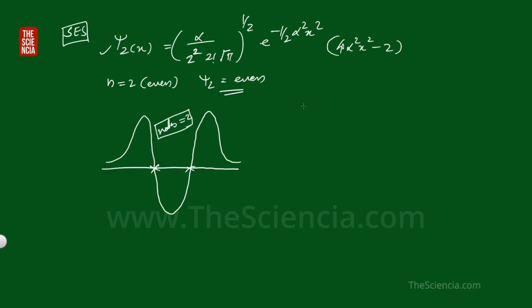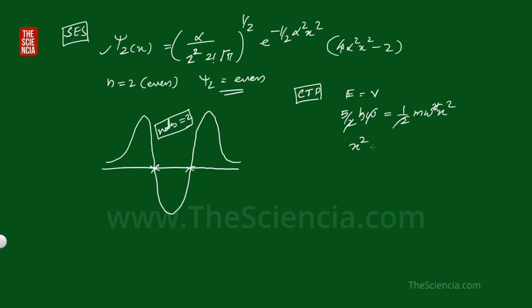And now let us find out the turning points. That is, the condition is E is equal to V. And here this is psi 2. Therefore, E2 will be equal to 5 by 2 h cross omega is equal to half m omega square x square. Here one of the omega cancels, and this 2 also cancels.